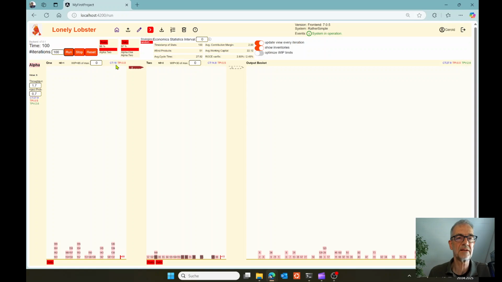You see cycle time 18 time units. It took on average for one work item to go from injection into this process step until it was finished and could move on to the next one. So that's pretty bad considering that the norm effort is just one and that the minimal time would be one. But as the inventory is building up here and Sally cannot cope with the load, the average cycle time has worsened to 18 now.